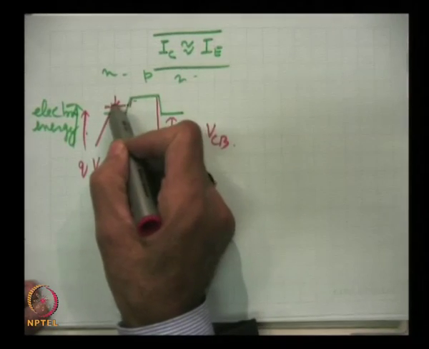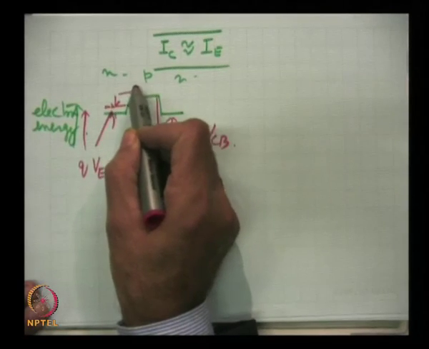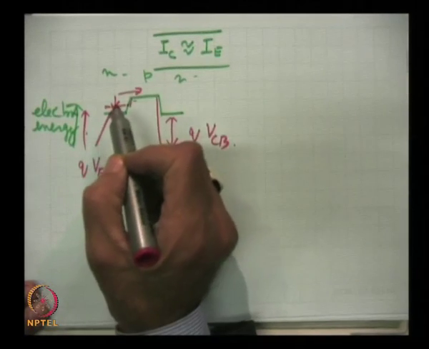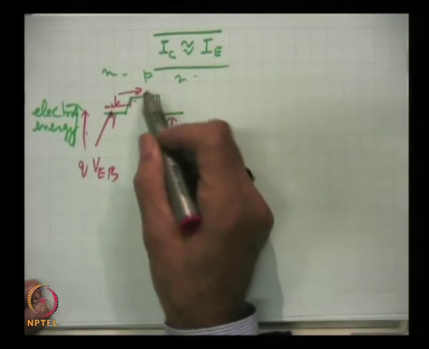This is reduced, so a large number of electrons will move towards the base, and the base is p type.